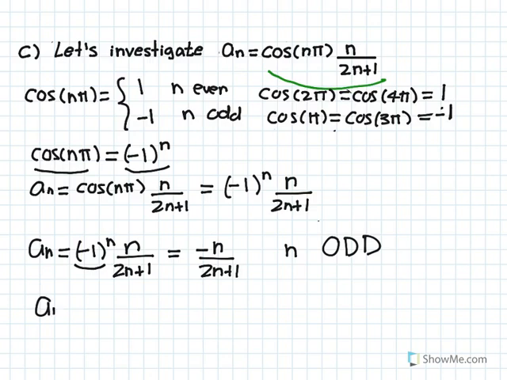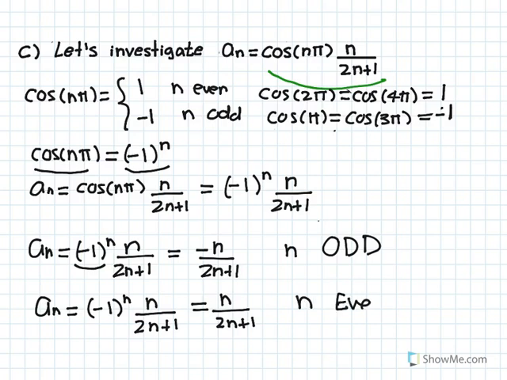And an is equal to n divided by 2n plus 1 when n is even, because -1 to the n is equal to plus 1.